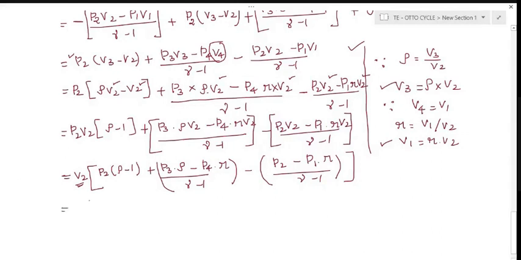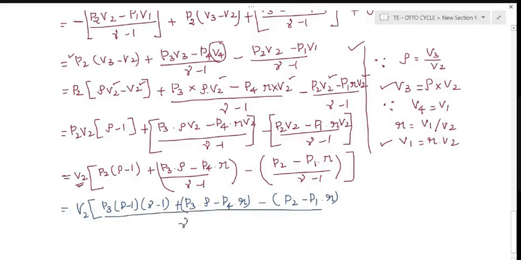So next step, V2. Just taking the LCM here: the denominator has gamma minus 1 into gamma minus 1, so taking the LCM as gamma minus 1, we get P2 into rho minus 1 into gamma minus 1, plus P3 into rho minus P4 into R, minus of P2 minus P1 into R, whole divided by gamma minus 1.